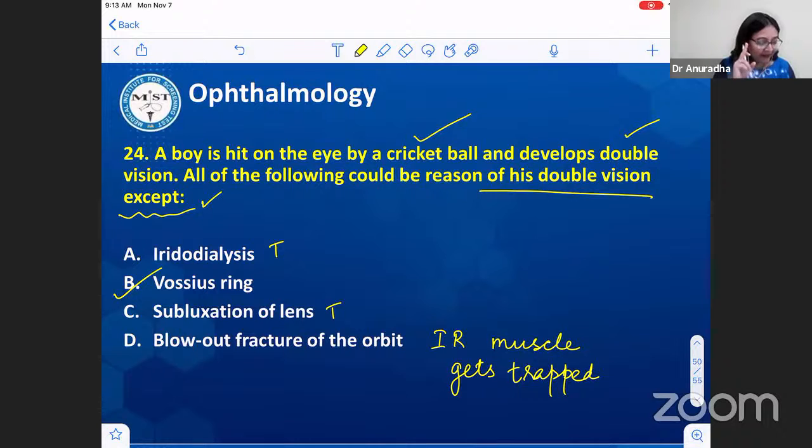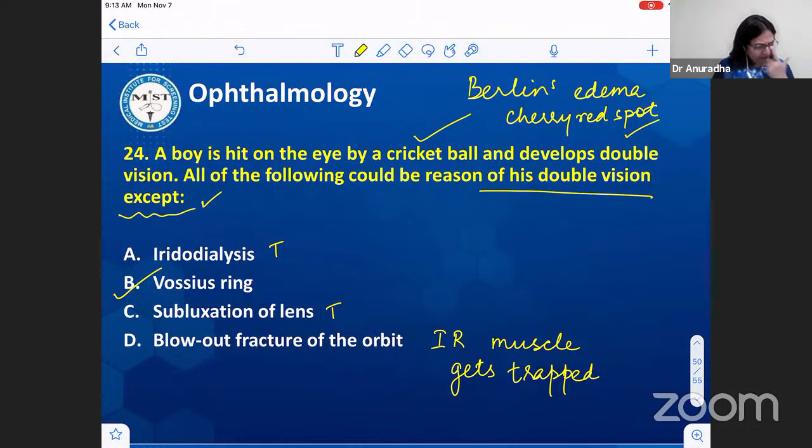And what do you see in the retina, beta? Just to complete the thing, in blunt trauma, you see Berlin's edema, which again is a cause of cherry red spot. When there is blunt trauma, the most common cause, it's difficult to say, beta. It depends upon how much injury the person is having.